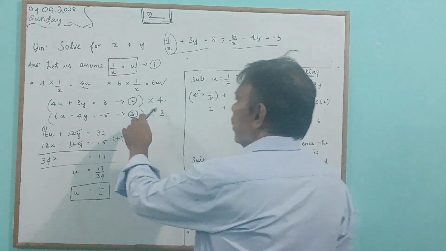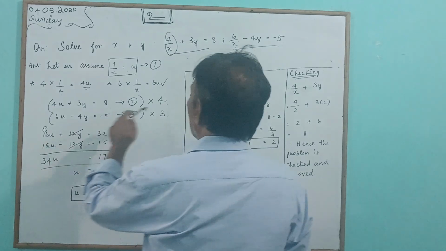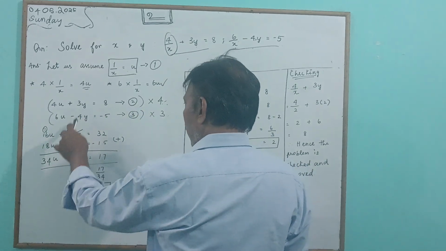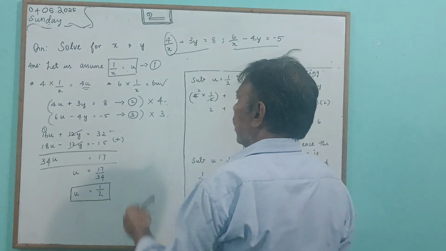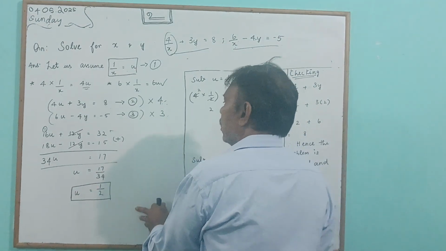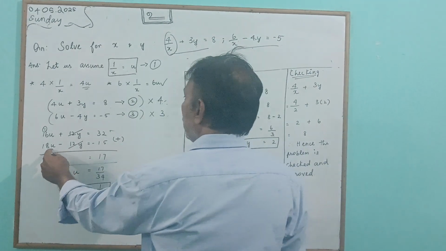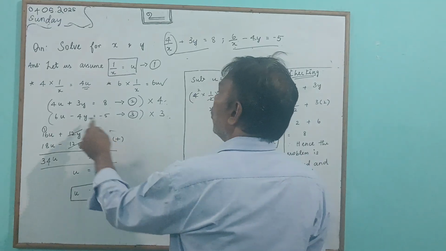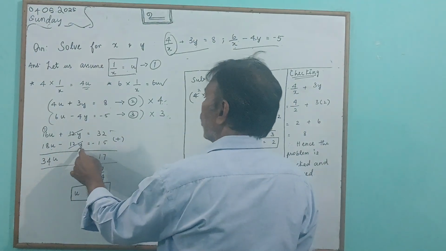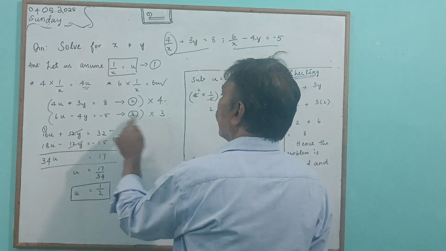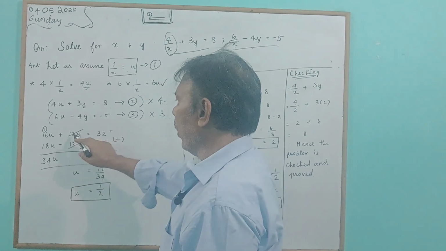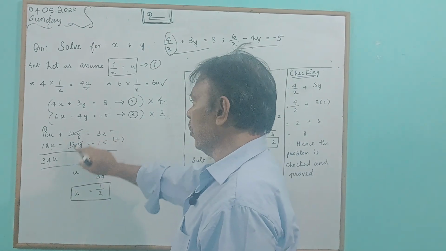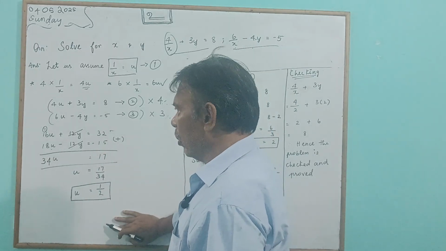So 4 into this equation: 16u plus 4 into 3y, 12y, plus 4 into 8, 32. Again 3 into 6u is 18u, 3 into minus 4y is minus 12y, 3 into minus 5 is minus 15. Now this becomes 12y and minus 12y. If you add, you can cancel it out.